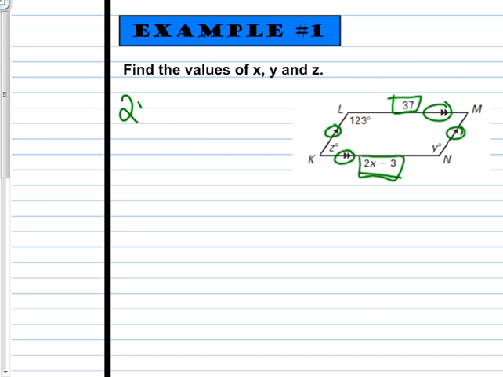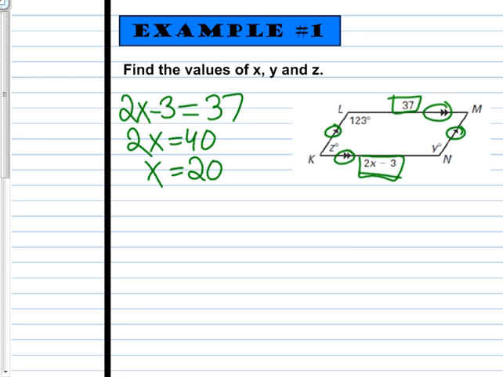They are congruent to each other. So 2x minus 3 equals 37. Now that I know it is a parallelogram, the opposite sides are equal to each other. 2x equals 40, because I added 3 to both sides. X equals 20.